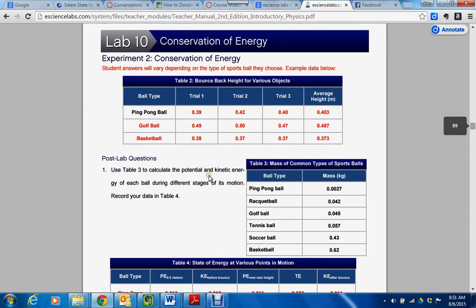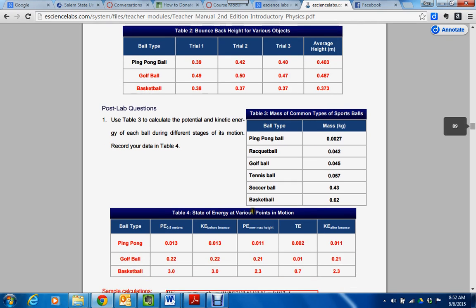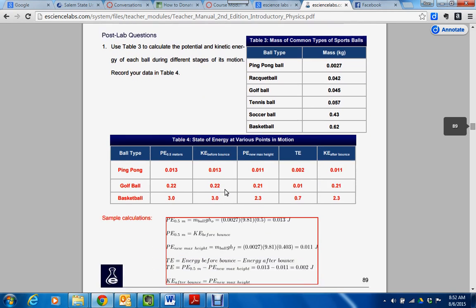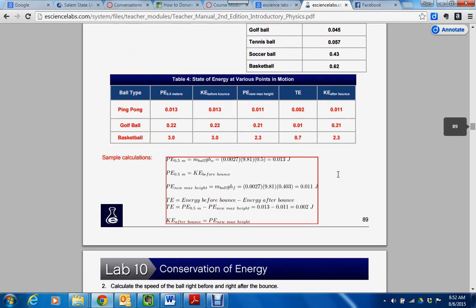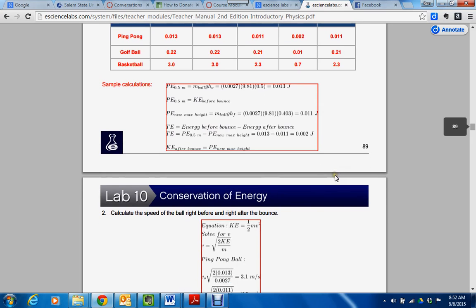So then experiment 2, I guess you'll have different types of balls that you might use, but you would figure out this average height, set of masses, potential energy, kinetic energy after the bounce.